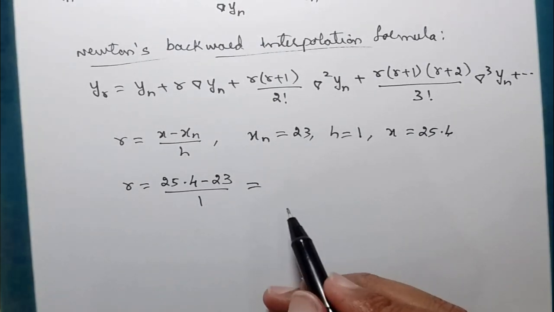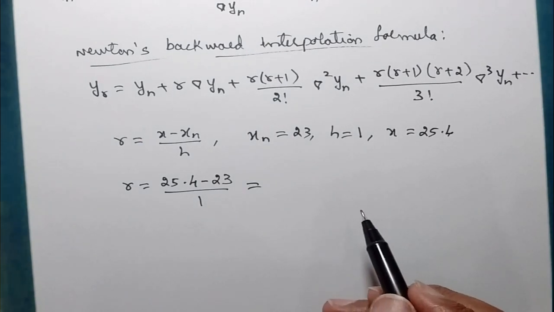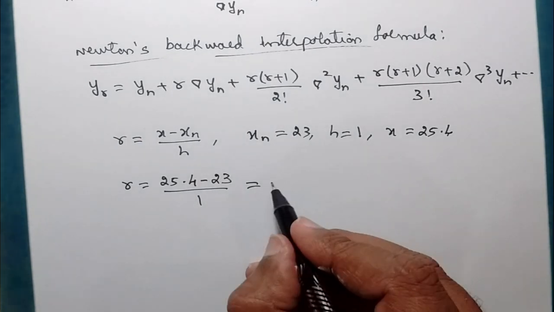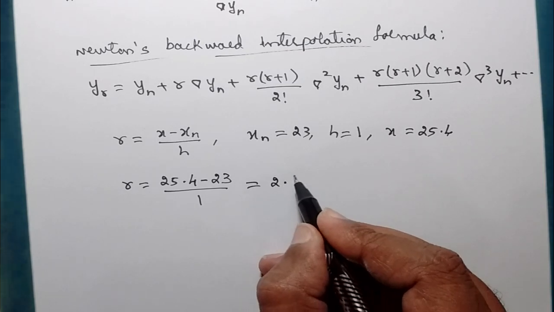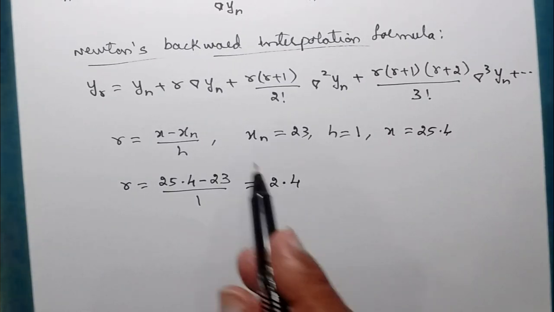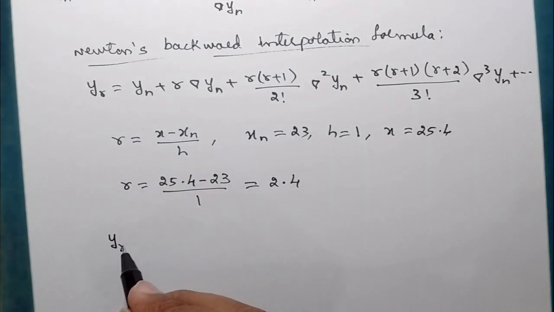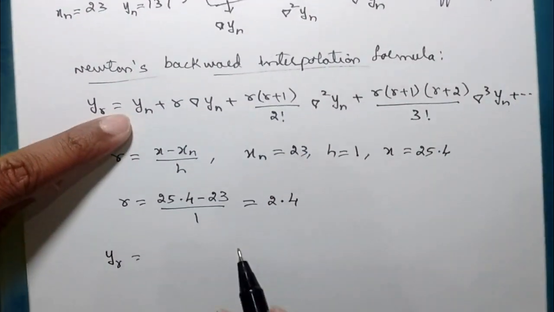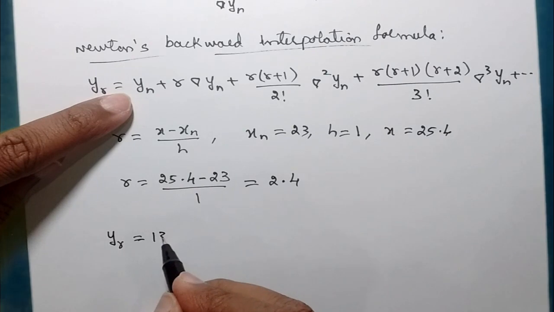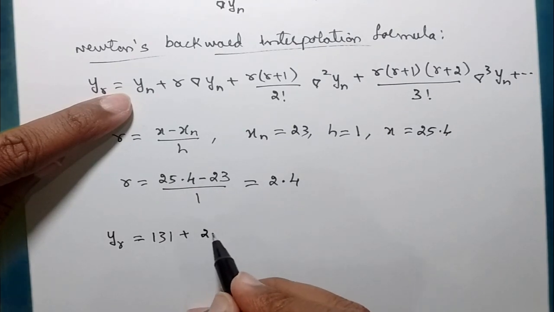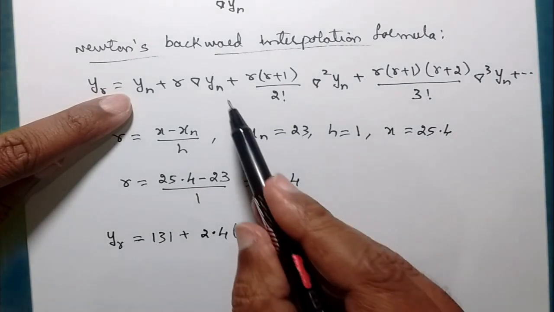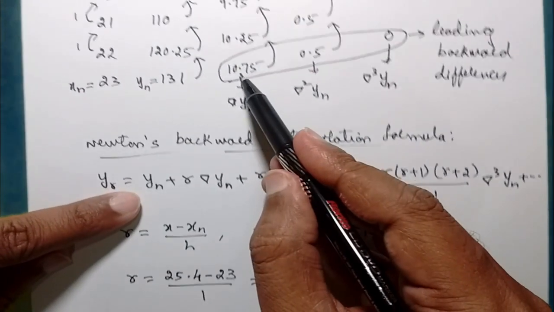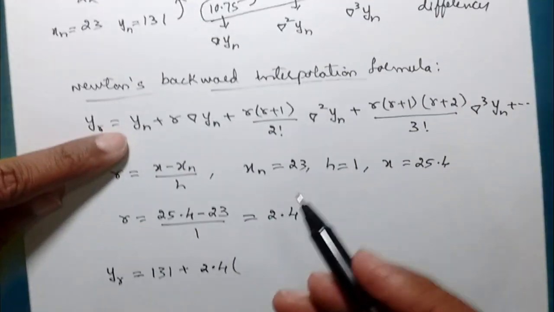Just subtract it, use your calculator and see how much you get. 25.4 minus 23 is 2.4. Now plug all these values back into yr. So yr equals yn, whose value is 131, plus the r value 2.4 into this nabla yn from the table, which is 10.75.